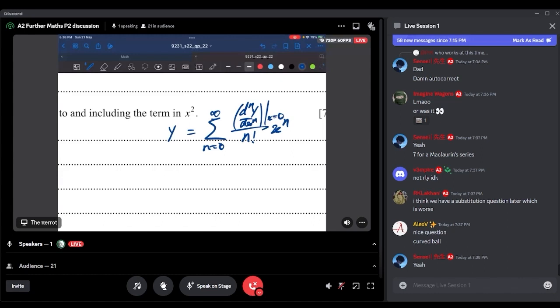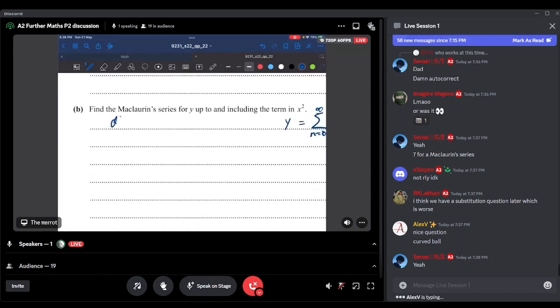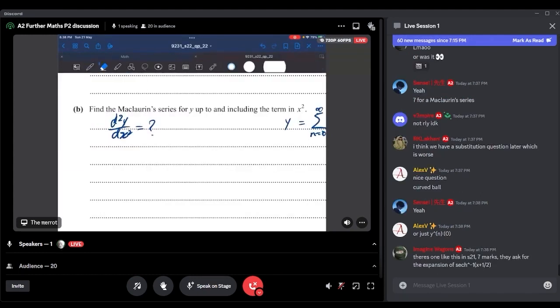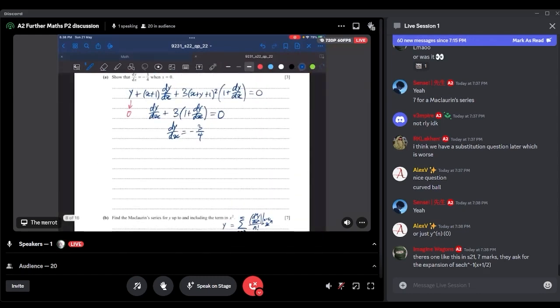Well, since you also want to include the term x squared, for sure you also need the second derivative. So you have to find d squared y/dx squared. And that's the problem. You have to find what it is at x equal to 0. Oops, sorry. Okay. That means we have to differentiate this guy. I hope I don't make any mistakes.